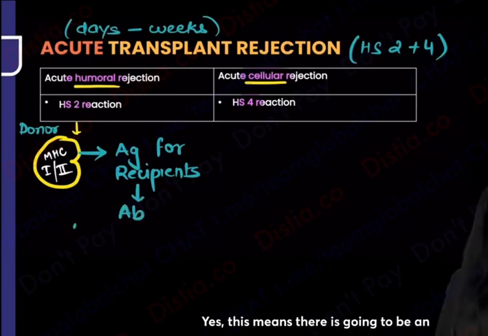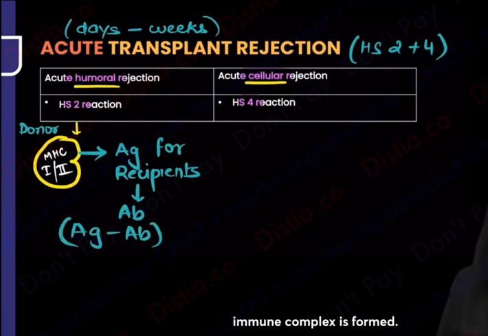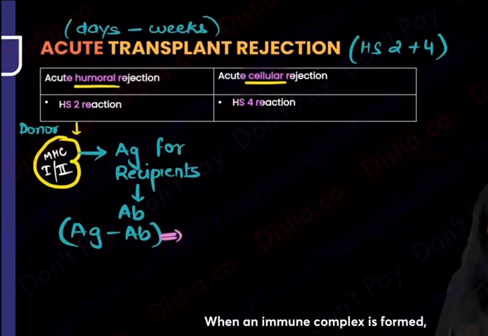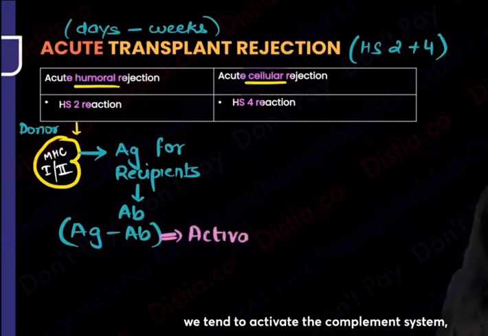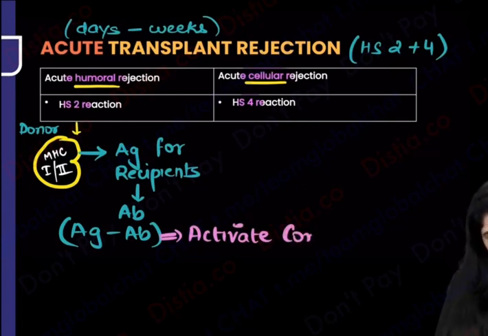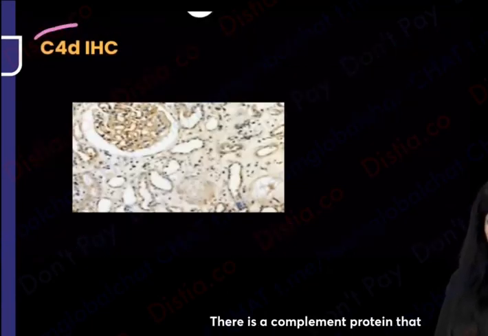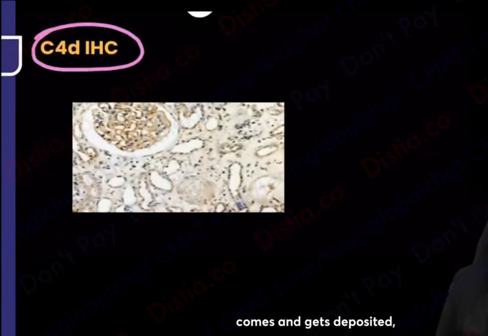Yes, this means there is going to be an antigen-antibody complex that is formed. What happens when an immune complex is formed, guys? We tend to activate the complement system. There is a complement protein that comes and gets deposited, that is known as C4D.